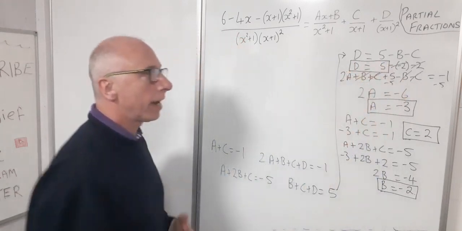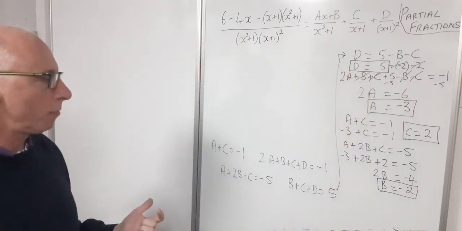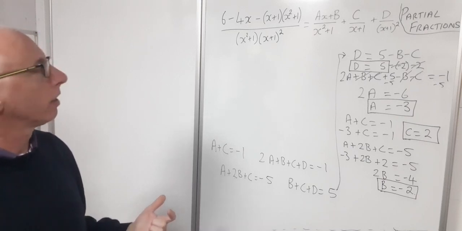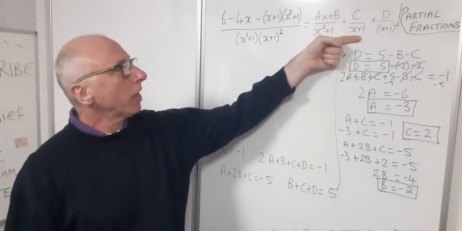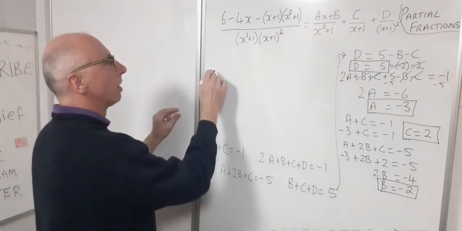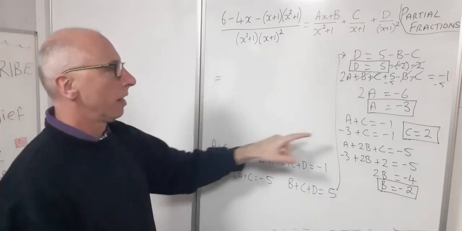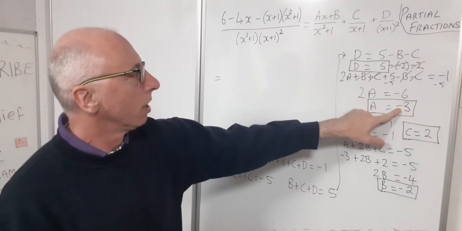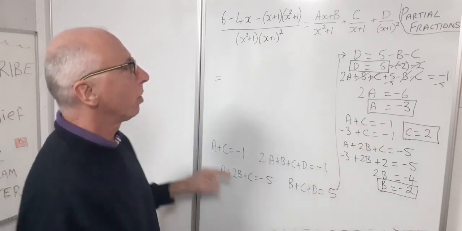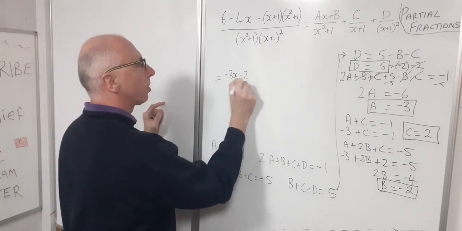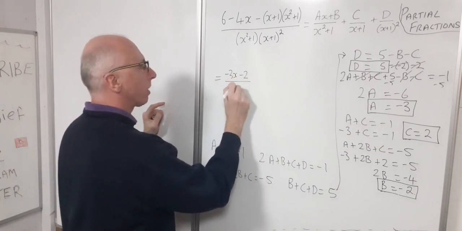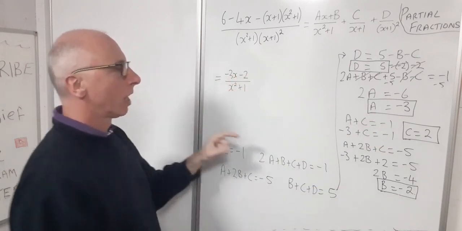Okay, so now I've got all 4 of my coefficients that are required. So in this form, in my partial fractions, I can now rewrite it. So let's just put my answer here. A is -3, B is -2, so I've got -3x minus 2 over x squared plus 1.